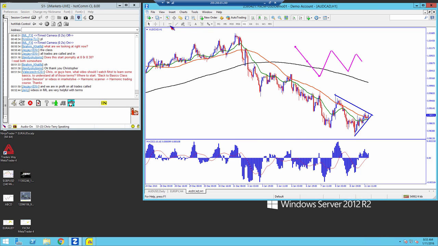When you look at a triangle, you want to make sure you have multiple data points. You want to have at least two data points on each side.